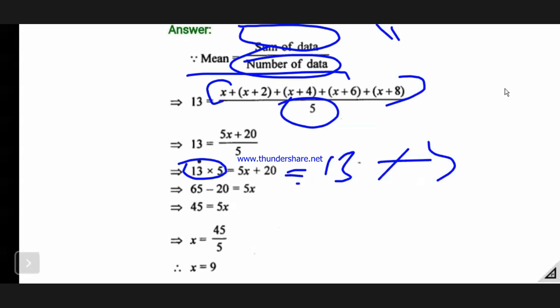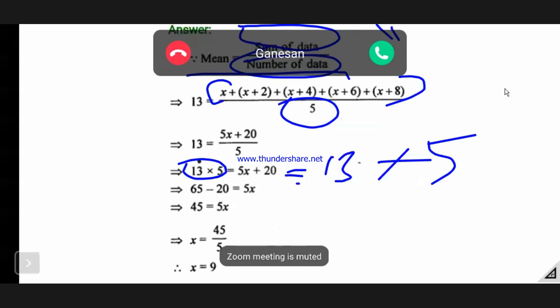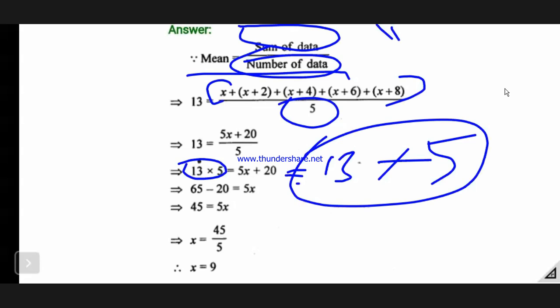If they are asking us to calculate the sum of data, just write this value as the sum of data. After that, while solving, we will get x as 9. Any doubts? No, ma'am. Understood, ma'am.